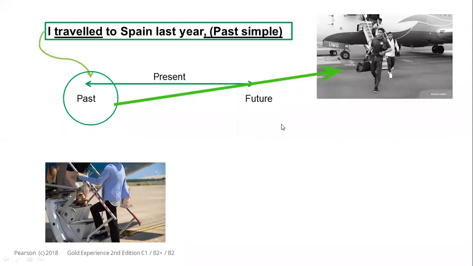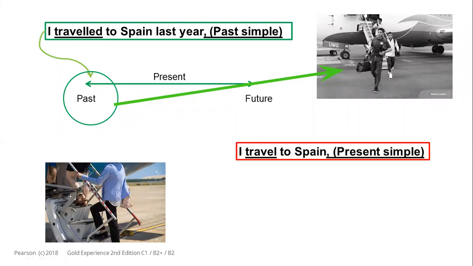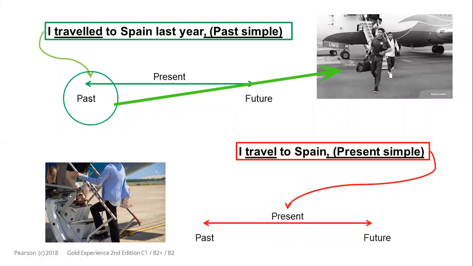On the second sentence, I travel to Spain, we can see something completely different because it's based on the present. So we can notice that there is a difference between the first sentence and the second one. Why? More about the verb, we are going to talk about the function, the meaning.